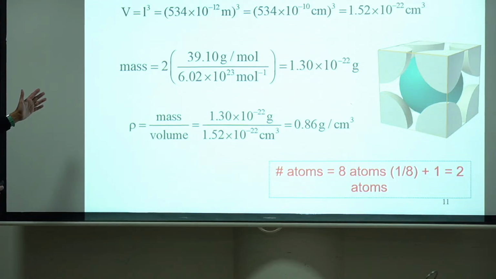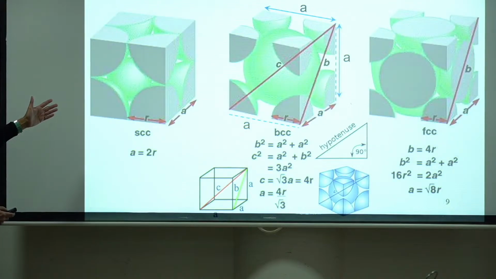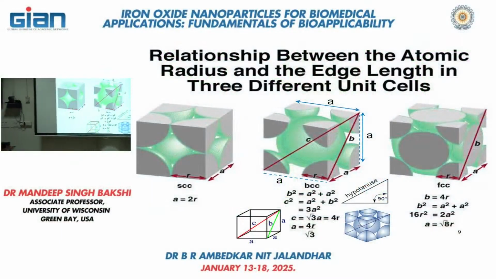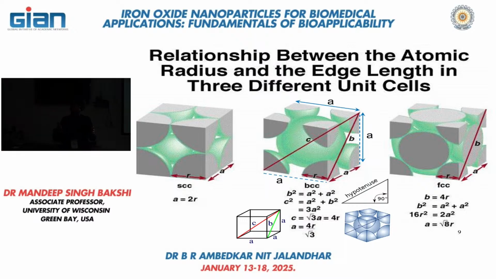So edge length can be represented by A, as I've shown over here, or it can be represented with L. Different textbooks follow different ways of depiction. So you don't need to get confused as long as it is saying that it's the edge length. No matter whether it is represented with A or L, it means that it is the edge length.